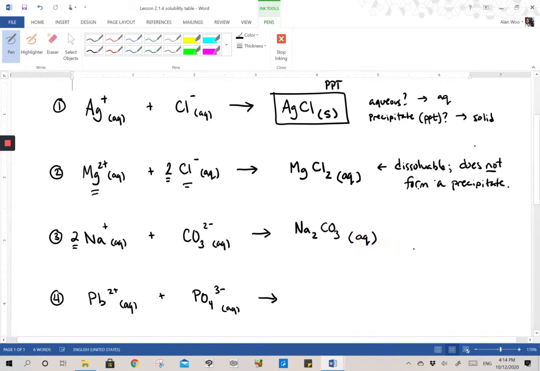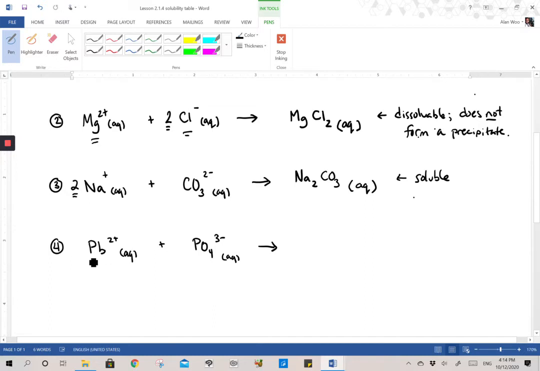So anytime you see that a substance is soluble, you basically use AQ as the state, because it means that it's dissolvable. And dissolvable and soluble mean the same thing. Okay, so let's do the last one.